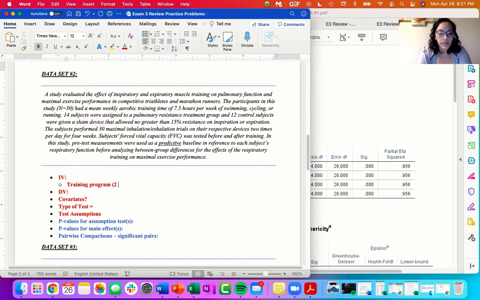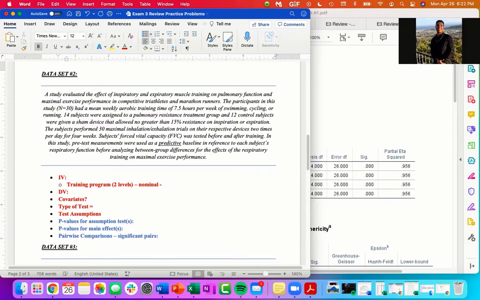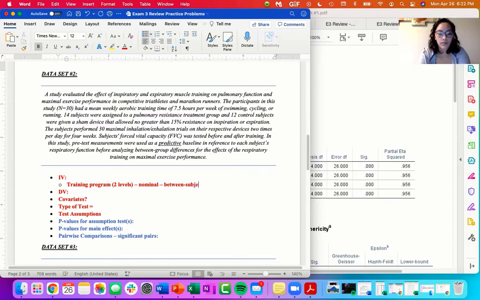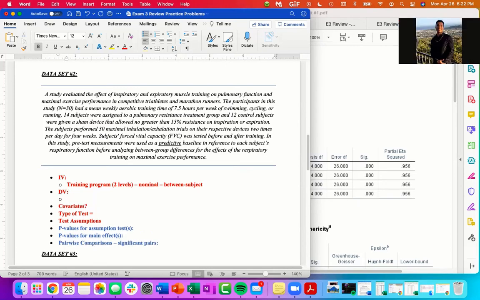So in terms of levels, we would say there's 2 levels, which if we have levels, that means we've got nominal data. And is this a between or a within subject independent variable? Between, right? Because we have 2 separate groups. Okay, so those are the things that you would want to be able to pull out for the independent variable.